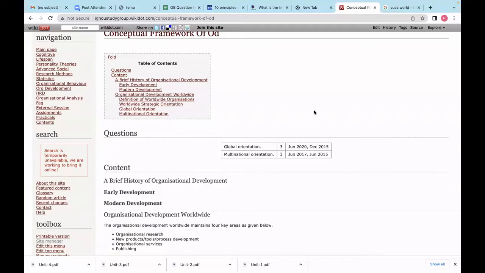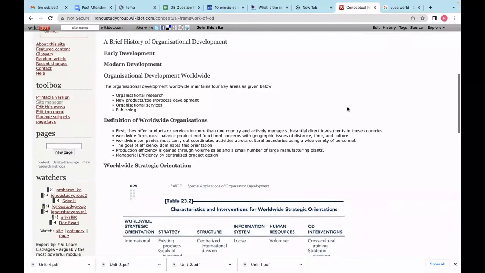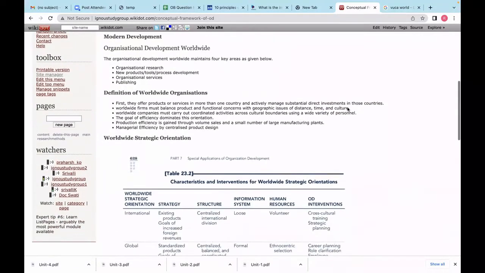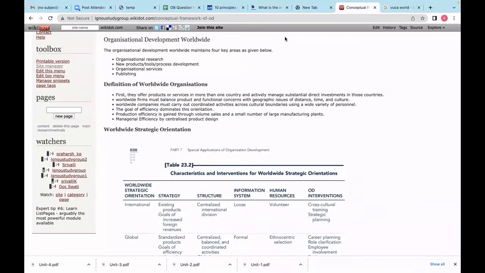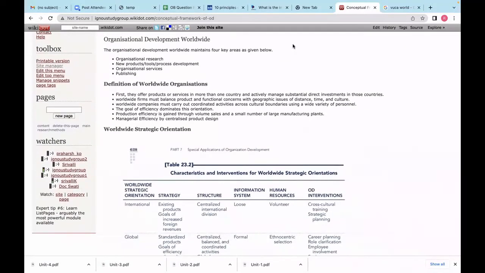The important thing which was asked was the question on global orientation and multinational orientation. Before telling that, we need to understand what a worldwide organization is, right? It is an organization which has operations across the world. It operates in multiple countries, multiple cultures. There are various types of organization as far as this operation is concerned.